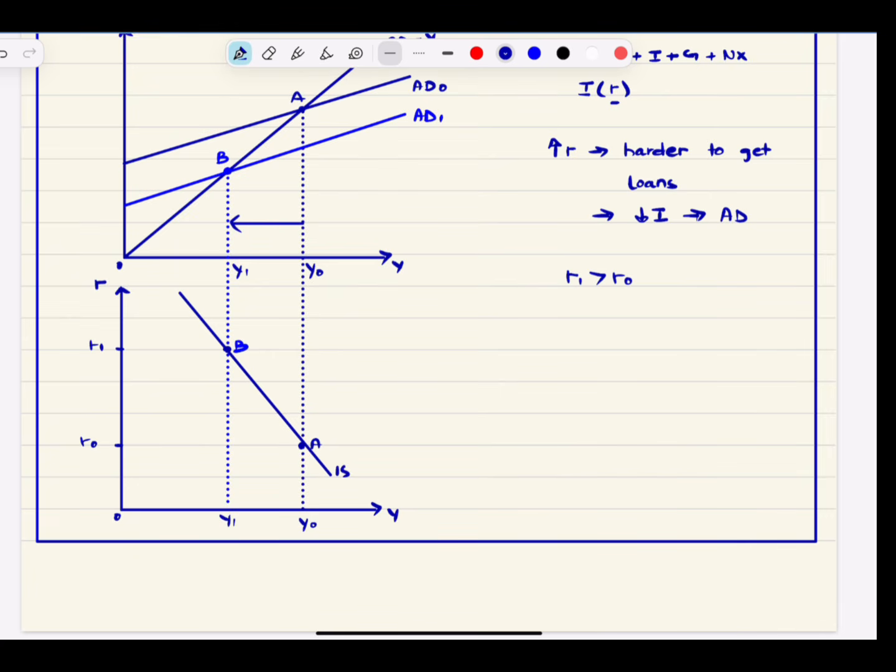So remember that all points on the IS curve are equilibrium points. All points on the IS curve show an equilibrium, specifically in the goods market, right?